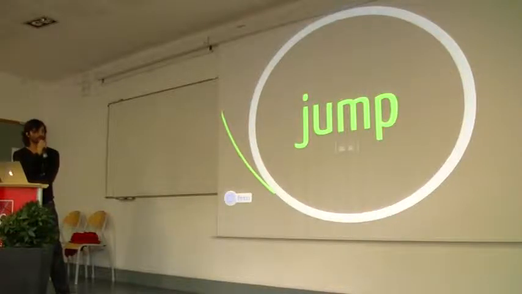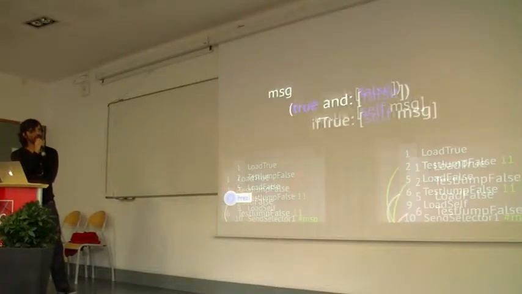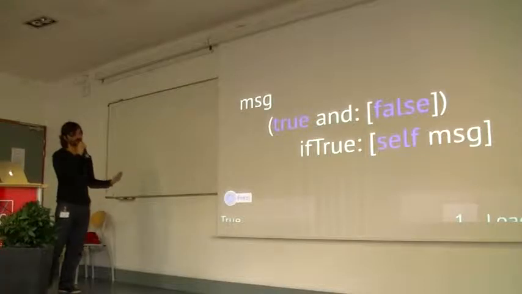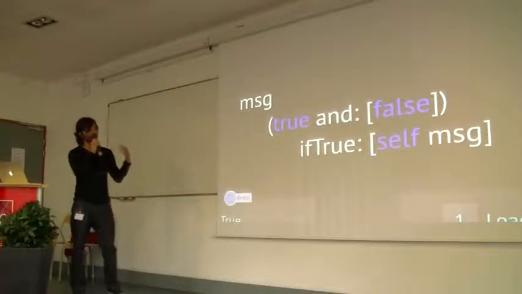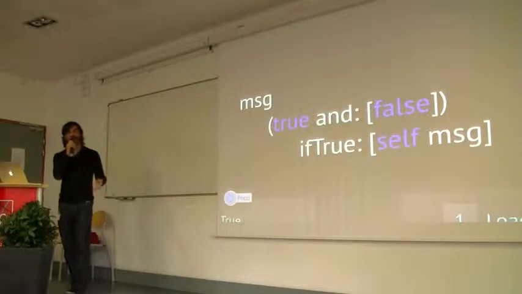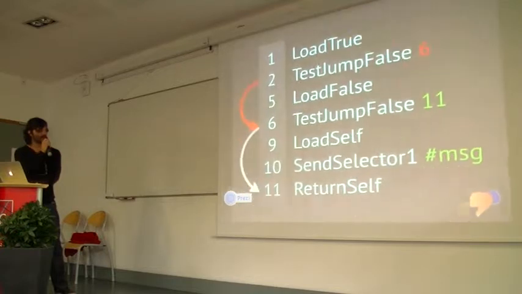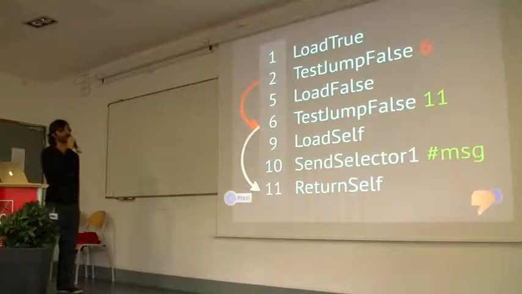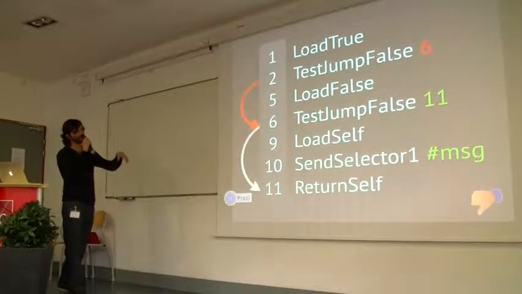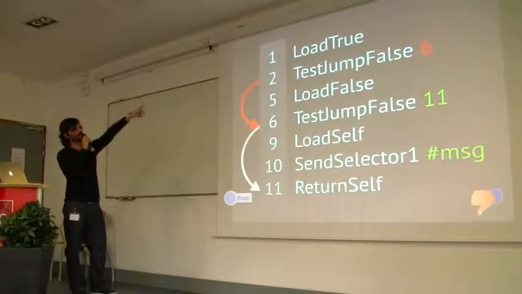Finally, we have the jumps family, and suppose that we have this simple method. As you already might know, messages like ifTrue and ifFalse are inlined. That is, they have their corresponding bytecodes for controlling the flow. And well, this is rather obvious.